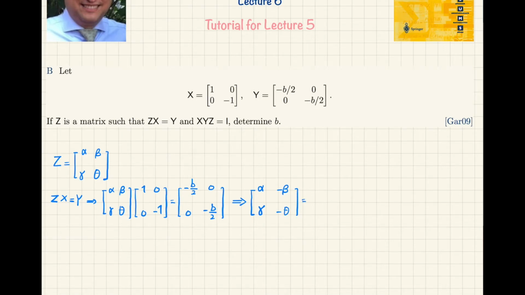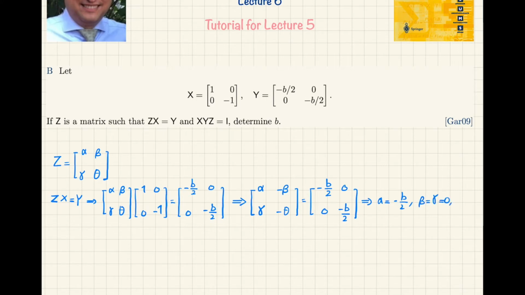This is supposed to be equal to the right hand side matrix, which is minus b over 2, 0, 0, minus b over 2. So this implies that alpha is equal to minus b over 2, and beta and gamma are both equal to 0.